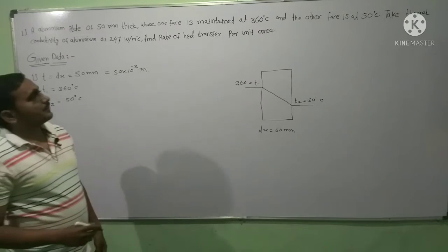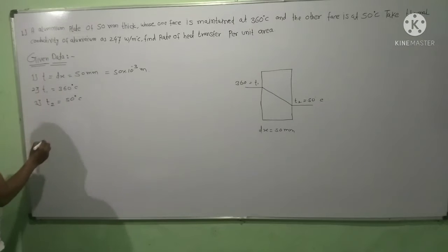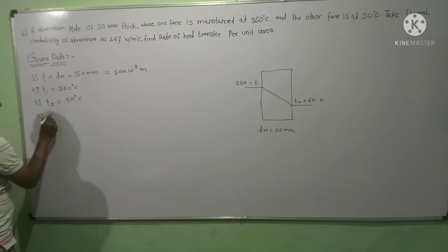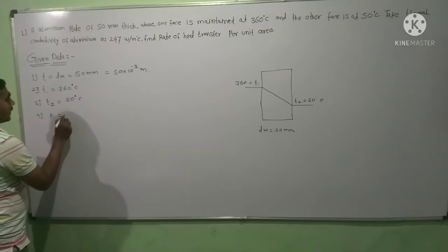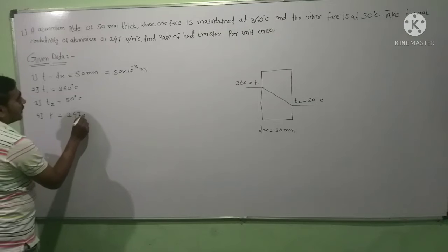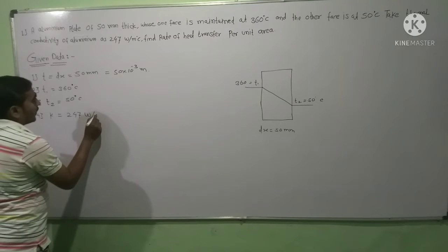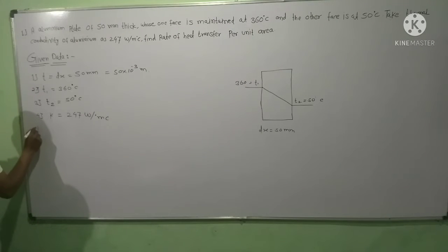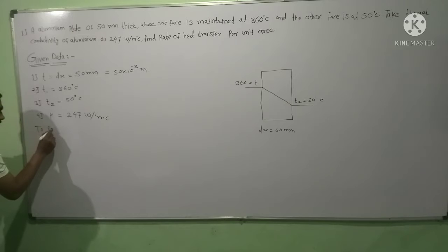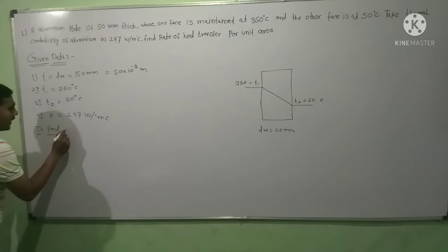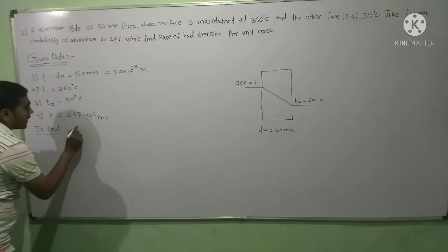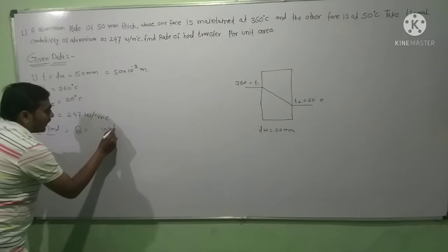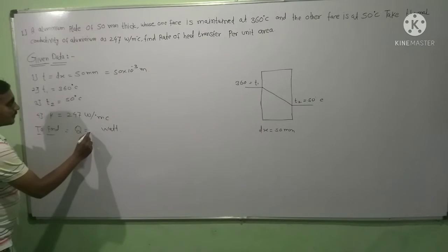After that they have given the thermal conductivity of aluminum, and we are taking thermal conductivity as small letter k, that is 247 watt per meter degree Celsius. And we have to find out, क्या निकालना है आपको? You have to find out the rate of heat transfer Q in watt.